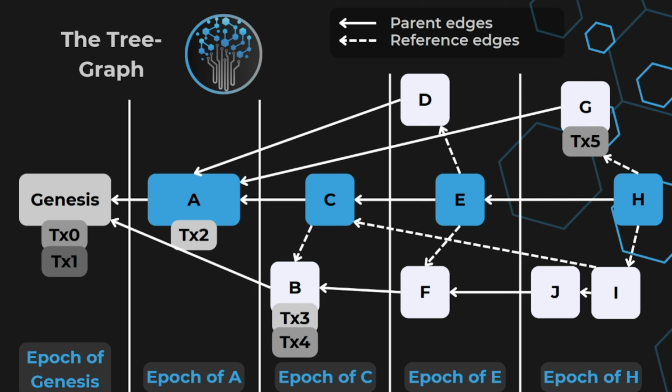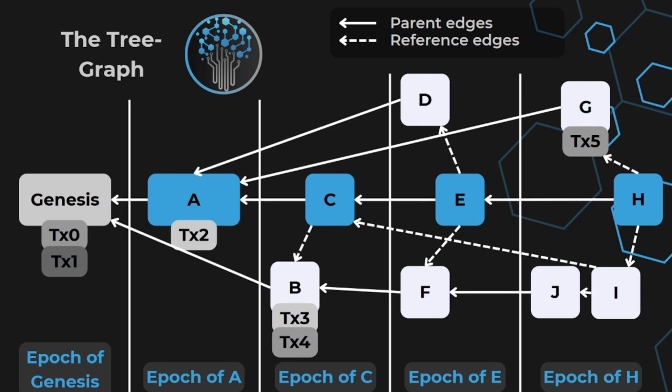The Tree Graph is the key innovation that enables Conflux to process transactions in parallel, enhancing the throughput and the scalability of the chain. This is what we would say is the main innovation in Conflux and what enables it to be what it is.